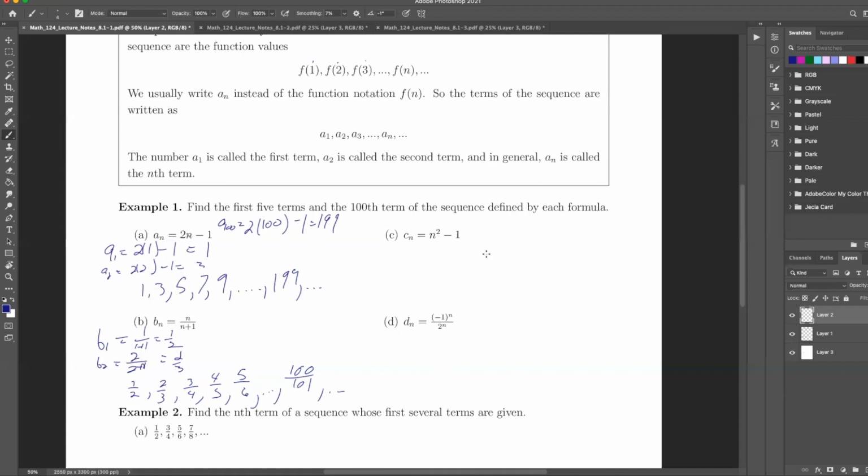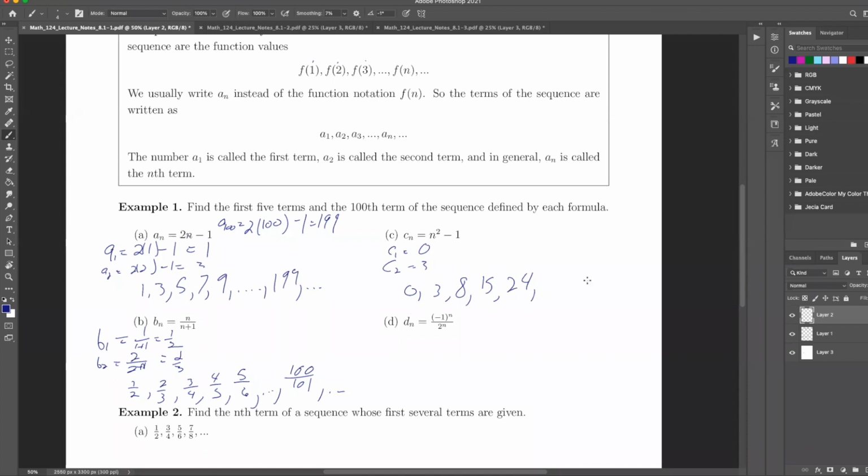Okay. Here's another one. So let's look at this one. Here, c1, I'll just plug in 1, and I get 1 squared minus 1, which is 0. For c2, I'll have 2 squared, which is 4, minus 1 will be 3. And so here I have 0, 3, then 3 squared minus 1 would be 8, 4 squared minus 1 would be 15, 5 squared minus 1 would be 24.